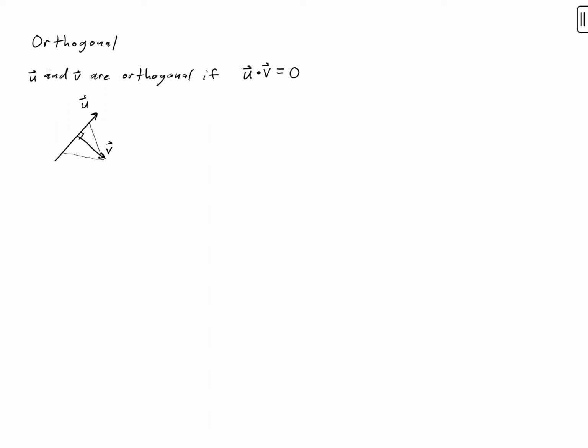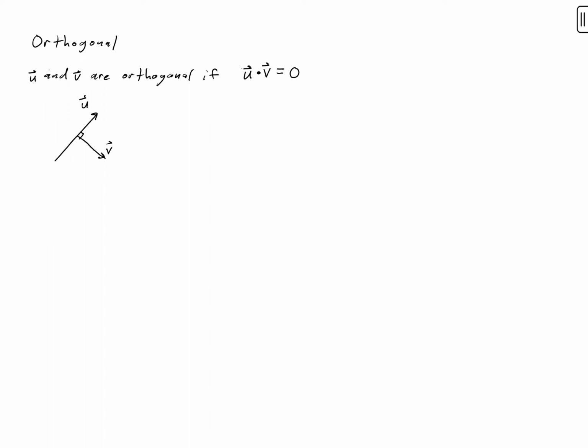It's not super important that you can make that argument. What is important is that you understand that things are orthogonal if u dot v is equal to 0, and that represents perpendicular. Orthogonal and perpendicular are the same basic idea.